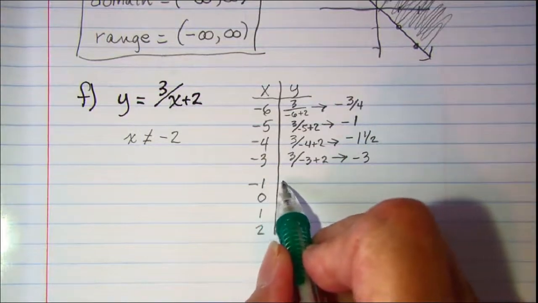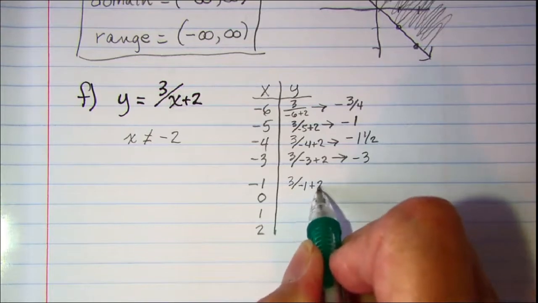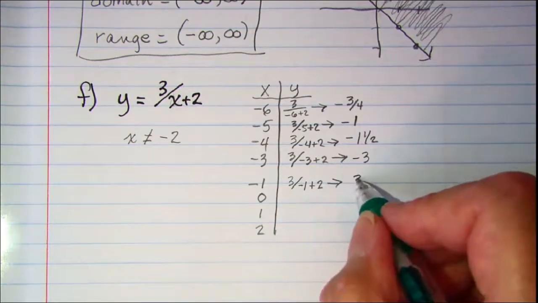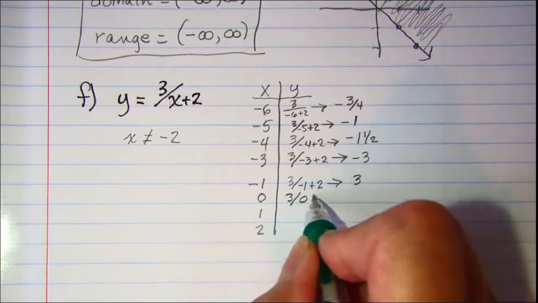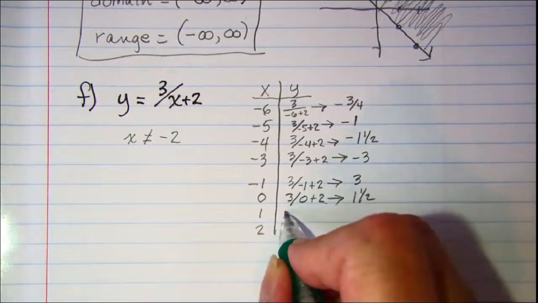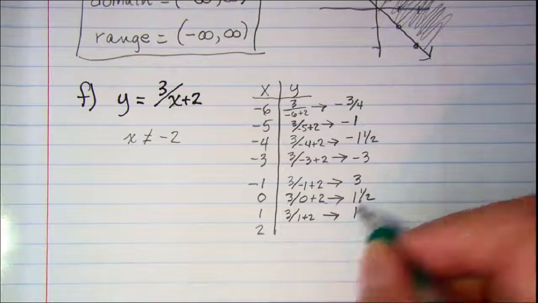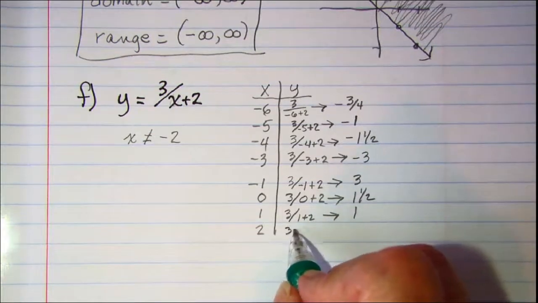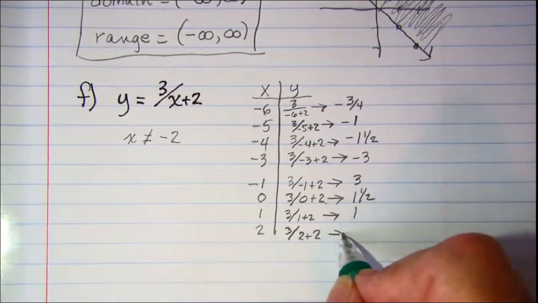And then 3 divided by negative 1 plus 2, this is 3. And this one's 3 divided by 0 plus 2, it's 1.5. And 3 divided by 1 plus 2, which is 1. And here we have 3 divided by 2 plus 2, which is 3/4.